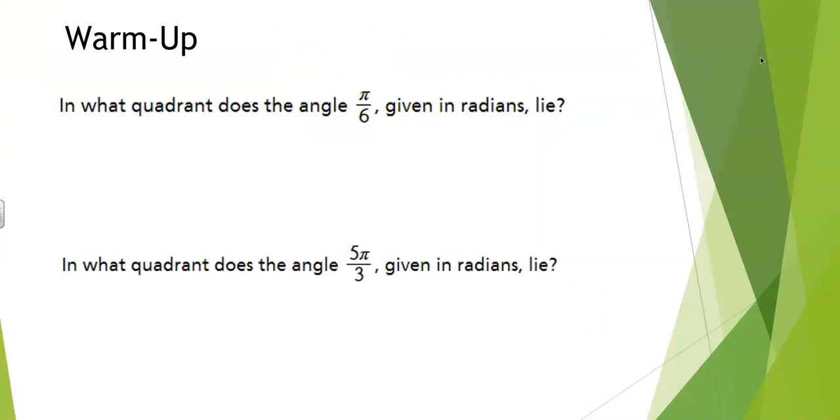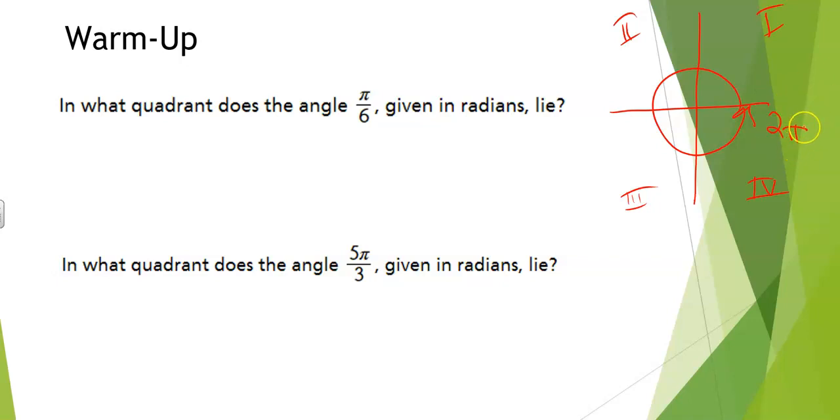I want to know which quadrant these particular angles lie in. The angles are given in radians, and you remember that you have 4 quadrants: 1, 2, 3, 4. When you go all the way around in a full circle, 360 degrees, it's the same thing as going around 2 pi.